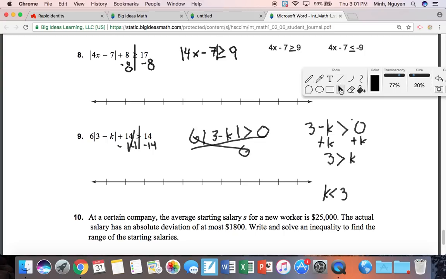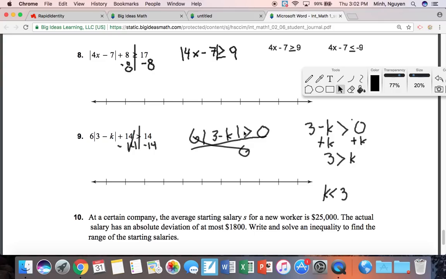But if you pause and consider this genuinely for a second, 6 times something has to be greater than 0. And you know that this something has to be positive, right? So as long as it's not 0, that means k cannot equal 3.